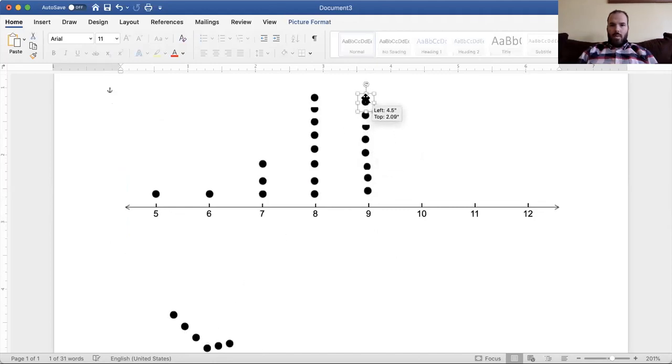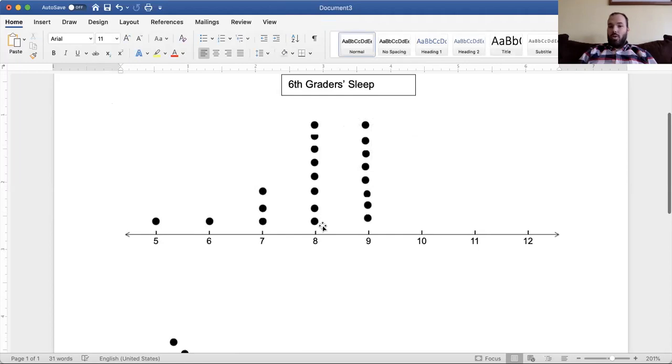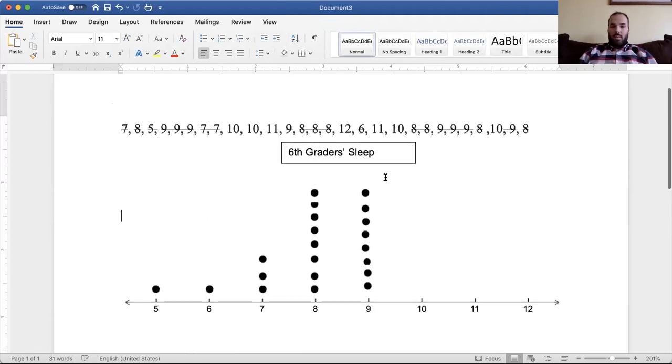It's not going to be perfect, but I want it to be about the same size as this one. So I might move this one up just a little bit so I can see that 8 and 8 are the same height on this dot plot. There's 8 students who said 8 hours of sleep. There's 8 students who said 9 hours of sleep.